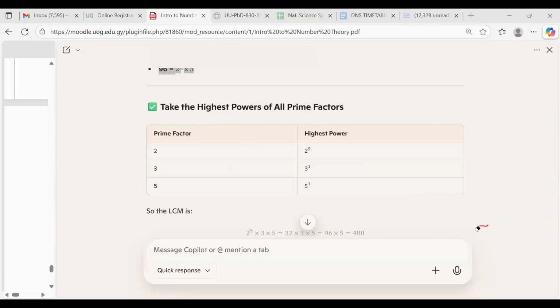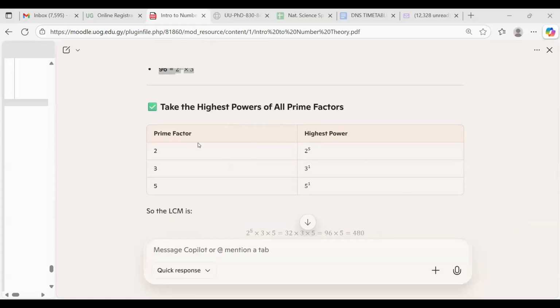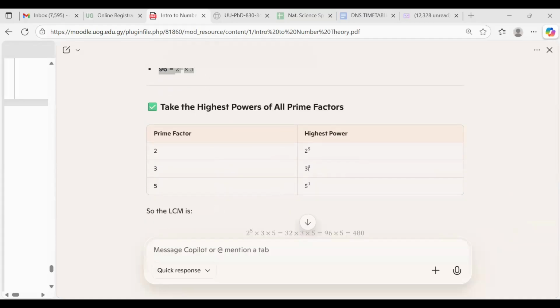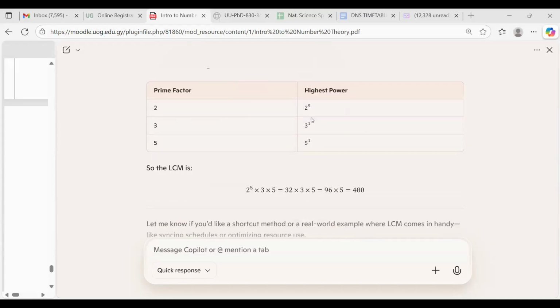They took all the factorizations, like 24, 60, and 96. The highest power of 2 we got is 2 to the 5th power. That's one approach. You're taking the highest powers. 3, there was only 1 3. And 5, there was only 1 5. So you just take all of these and multiply them and you get your answer.